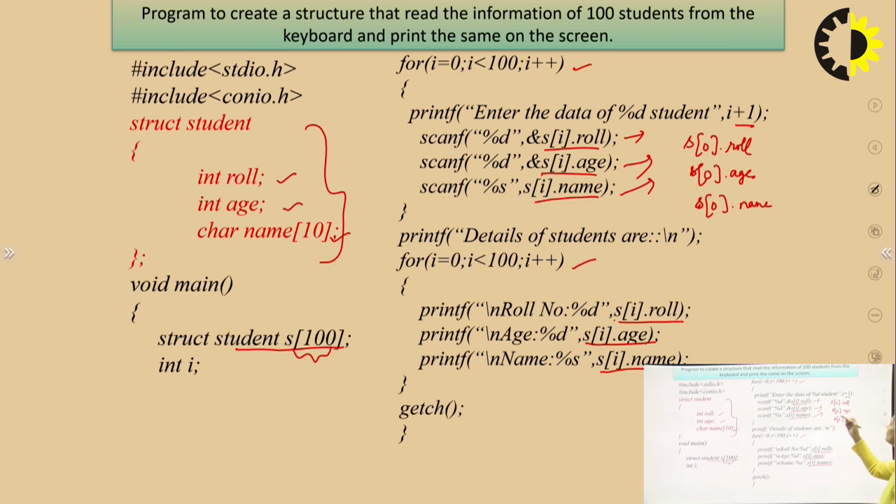Now, when the value of i increases, the same thing happens for S1.roll, S1.age, S1.name and so on. So, like this, it will go till 99 so that the details of all the 100 students are stored.